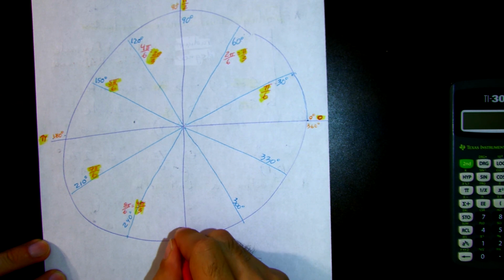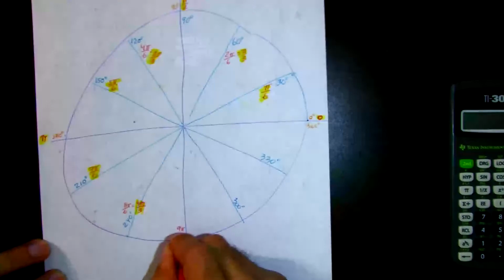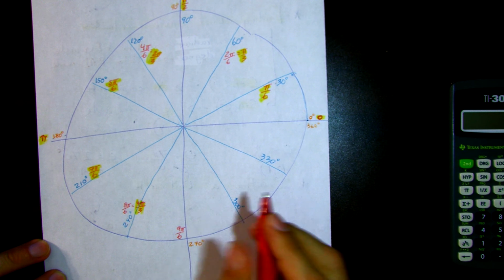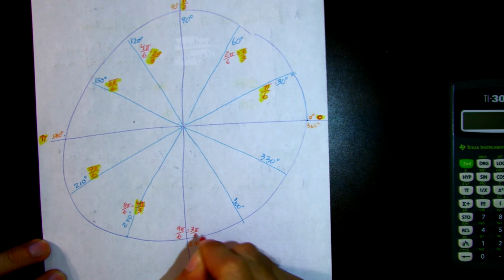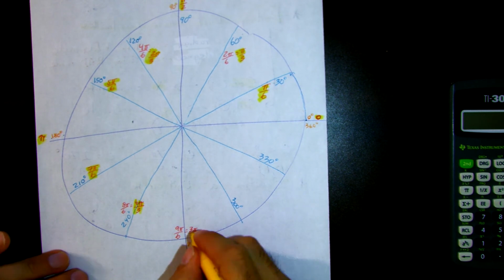Eight pi over 6, we add another sixth, we get 9 pi over 6, which we can reduce to 3 pi over 2.